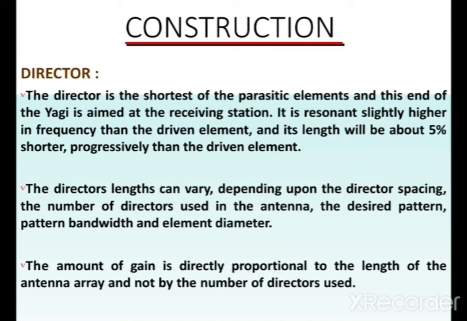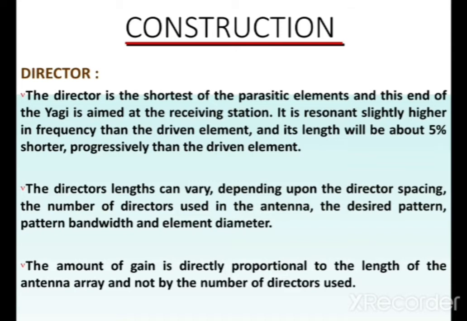The director length can vary depending upon the director spacing. The spacing is also required. Generally the driven element to director spacing is 0.125 lambda, and similarly the driven element to reflector spacing is 0.20 lambda or 0.25 lambda, like that.